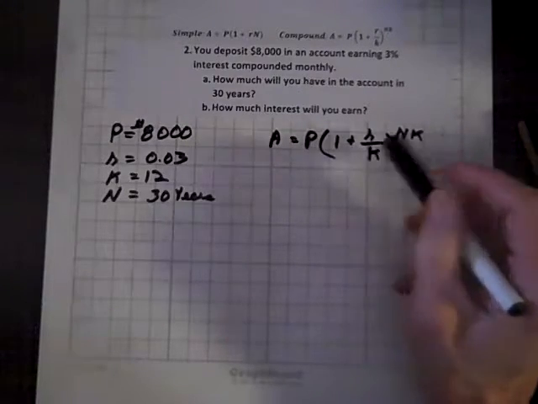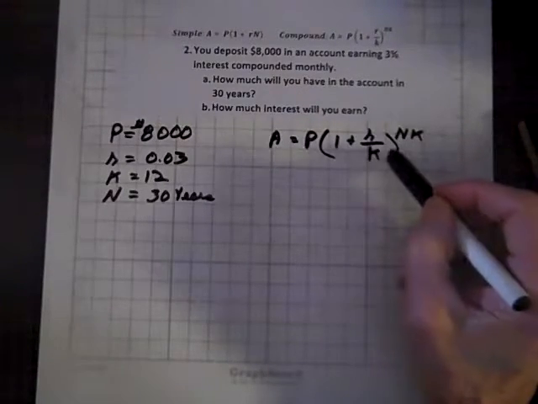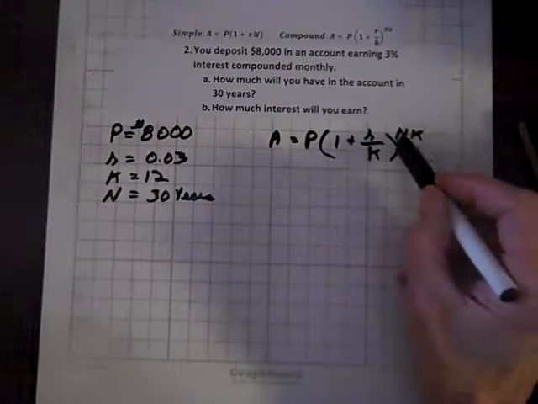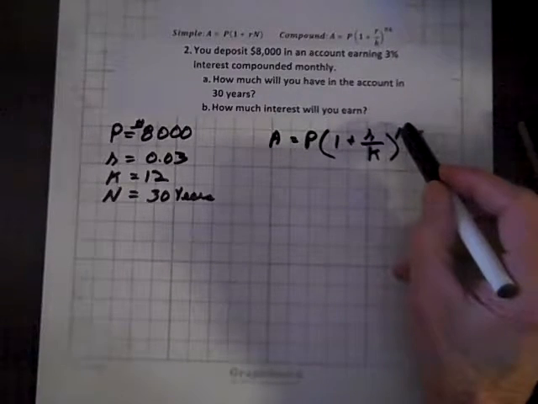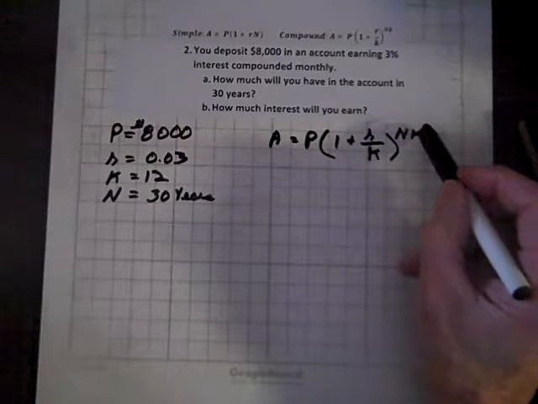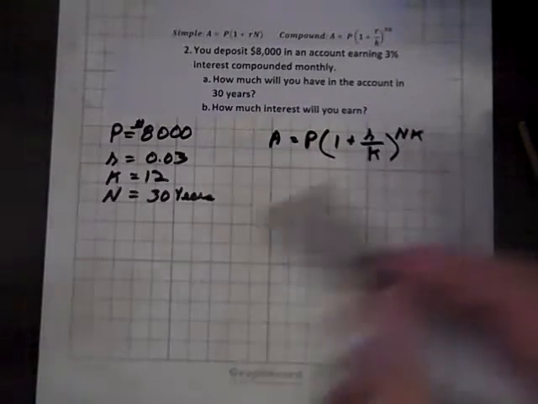So rate divided by number of compoundings per year, close the parentheses, and in the exponent position, N the number of years, times K, the number of compoundings per year.